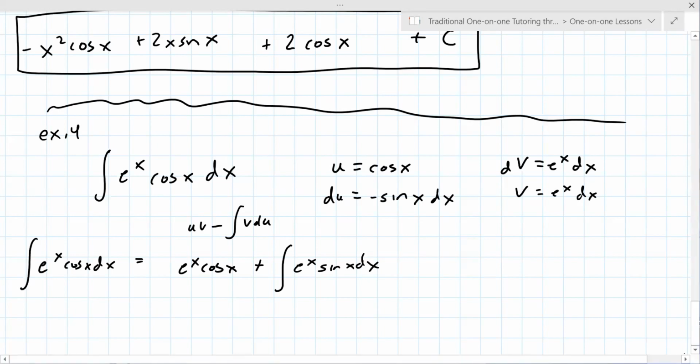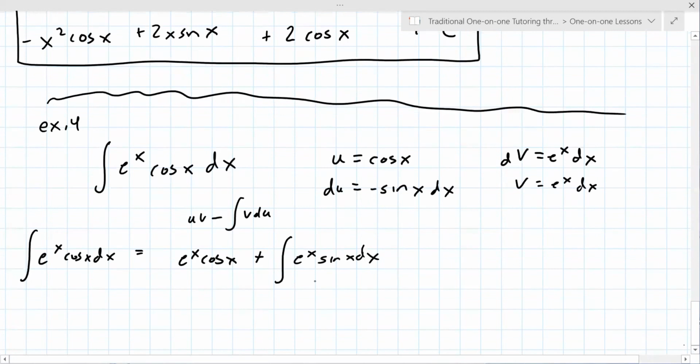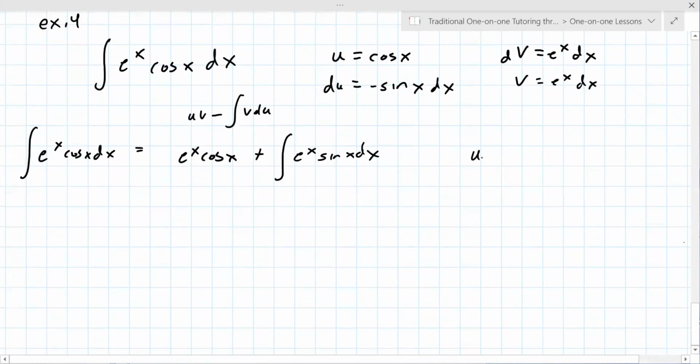Now you've got to do integration by parts again on this thing right here. So u is going to be sine x and dv is e to the x. You generally choose to integrate the function that is easier, and e to the x is slightly easier to integrate. So du is cosine x dx and v is e to the x.